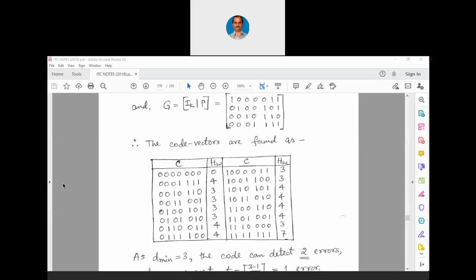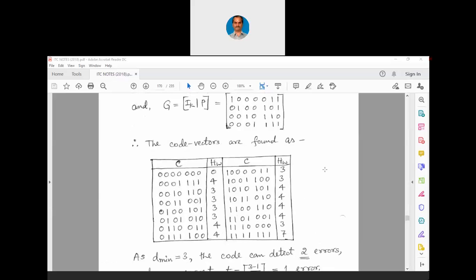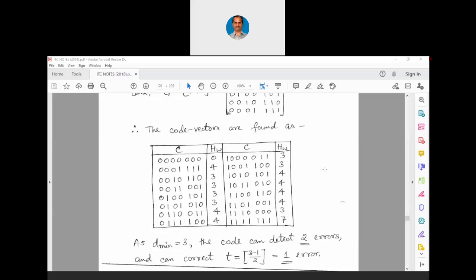So, now the code can detect 3 minus 1, 2 errors, and the code can correct t equals d min minus 1 by 2. That is 3 minus 1 is 2, 2 by 2 is 1 error. It can detect 2 errors, it can correct one error.